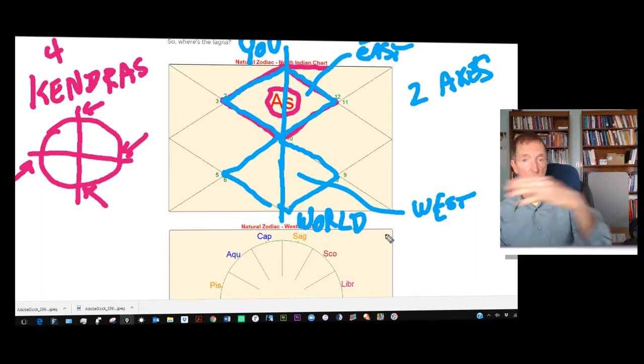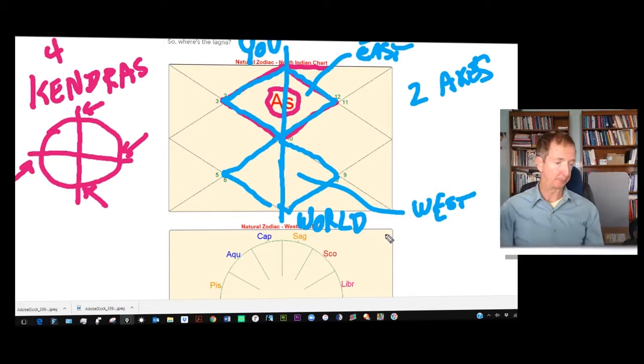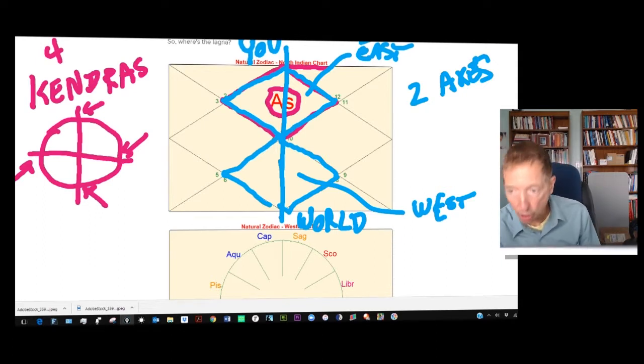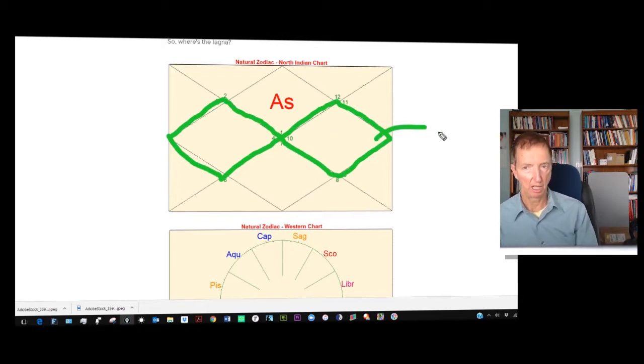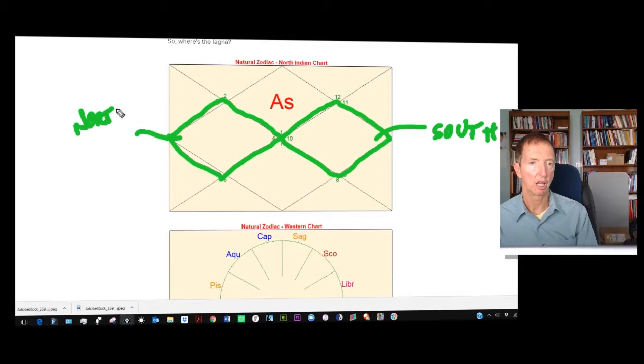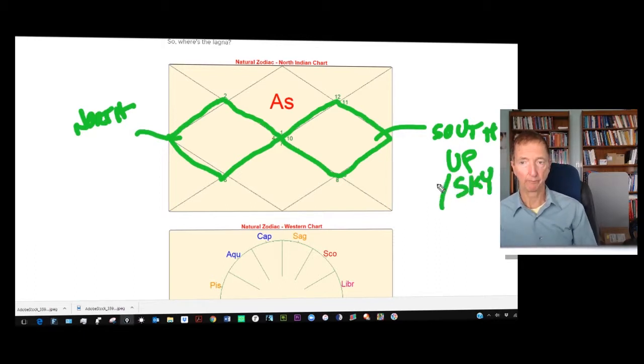And it's the same idea in the other direction. So let's have a look at just these two boxes. In terms of cardinal directions, that would be south, and across the street would be north. So in Jyotish, in Indian astrology, south, that box also represents up, or the sky, or heaven.